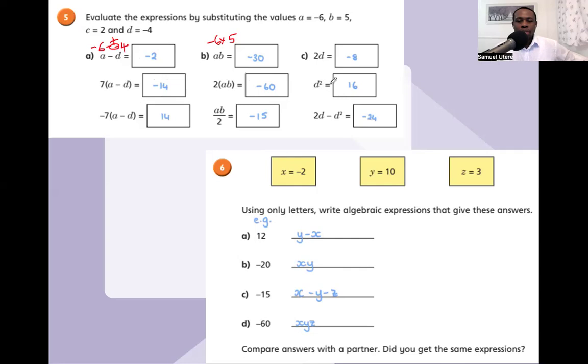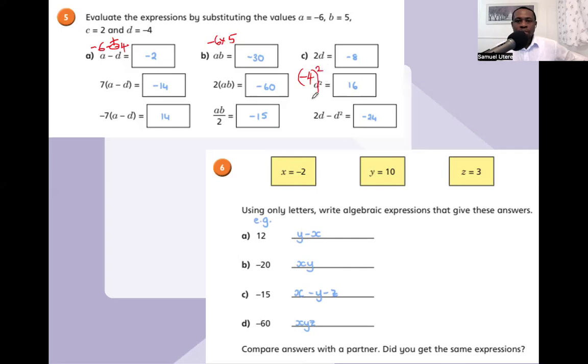D squared. Now, we know d is negative 4. So this means negative 4. Remember, you're squaring the d, so you have to put it in brackets because you're squaring everything that is d. And everything that is d is negative 4. So the way to do this in maths is you put it in brackets to hold the d to show that you're squaring the whole of d.